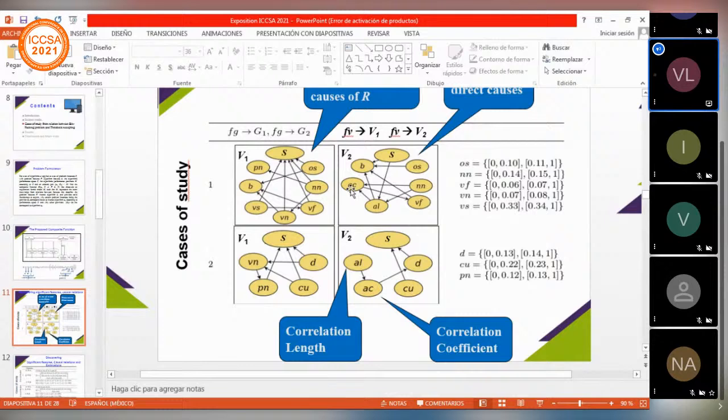So with these features, autocorrelation coefficient and autocorrelation length, okay? The data set B1 in the cases of study is the best because we found direct causes to algorithm performance.